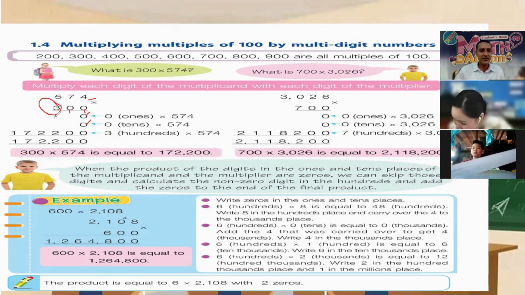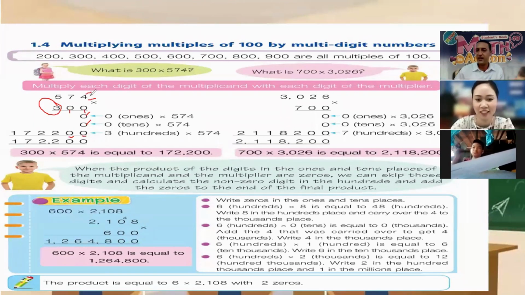So at the place 100 we have 300. All right, so first of all we're going to write 0 at the place 1, and then 0 at the place 10, and we are going to start with the place 100. So now we are going to multiply 300 by 4.